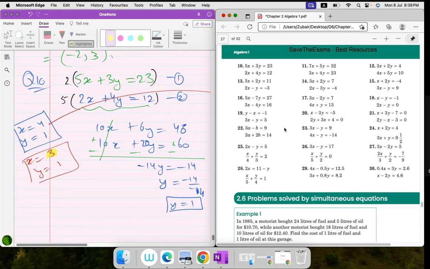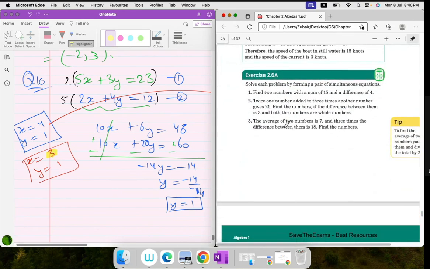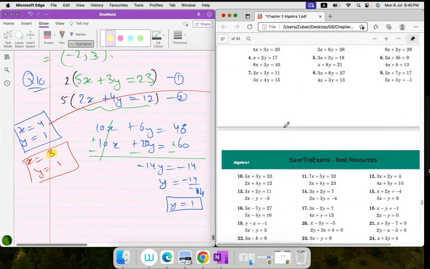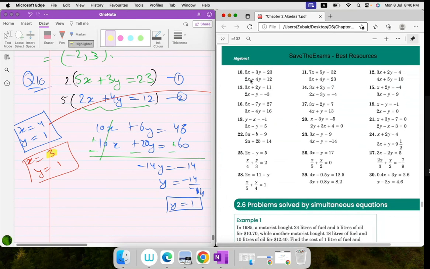Okay, now let's select some questions and do them with both methods simultaneously, with substitution and elimination. Out of these 10 to 30, choose any question.